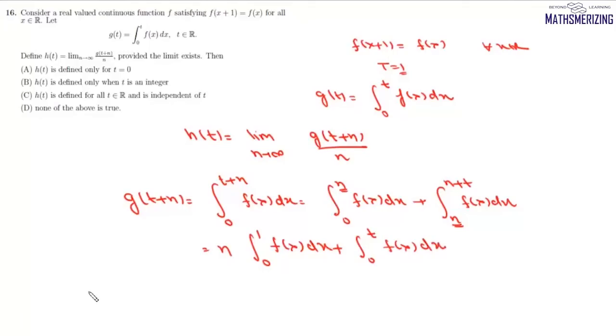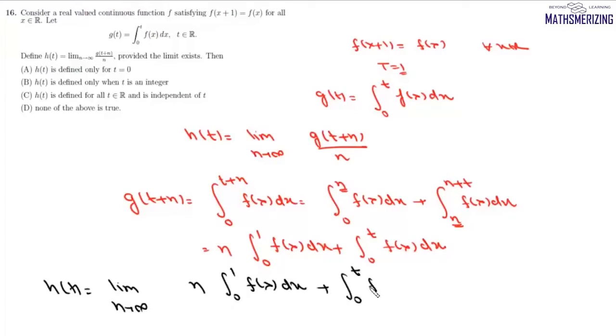fx dx. So we can write this function h as this limit n tends to infinite n, this integral from 0 to 1 fx dx plus this integral from 0 to t fx dx upon n. Now we split it in two parts.